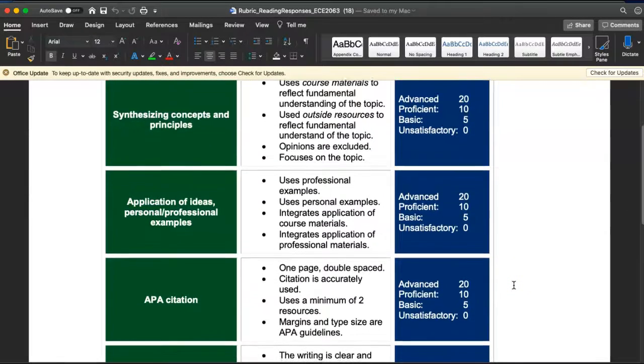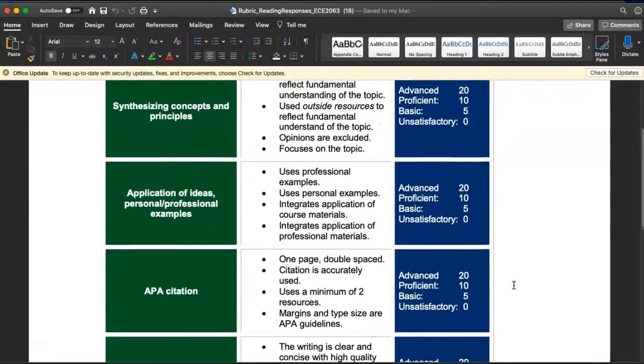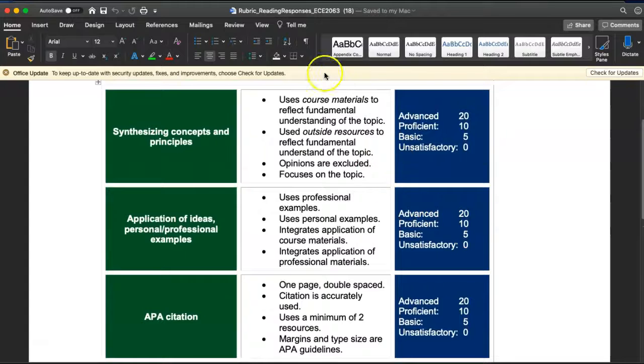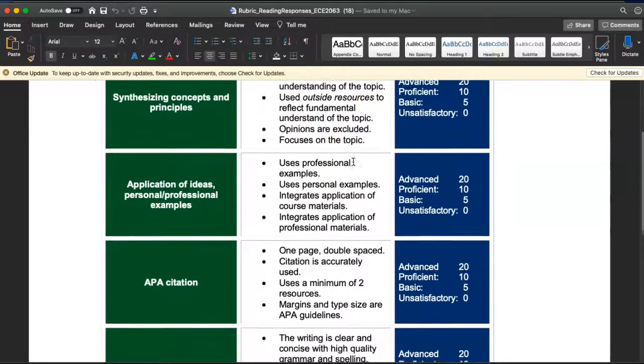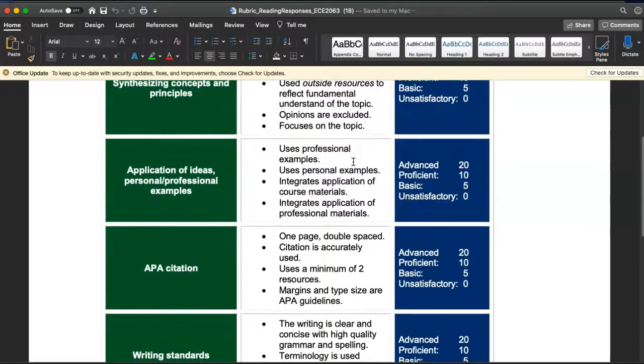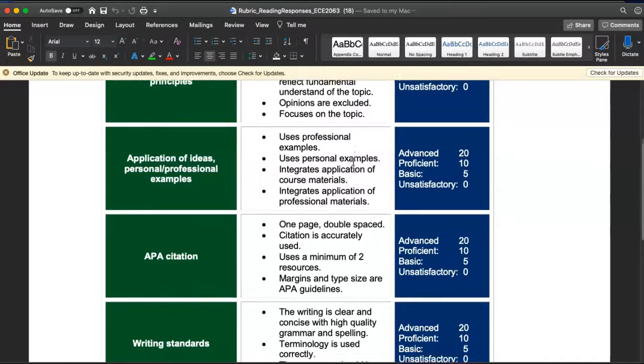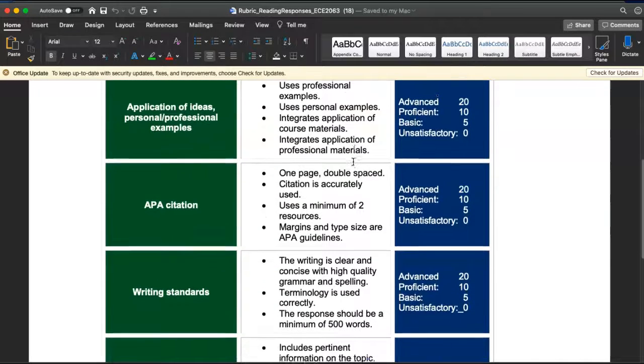Please read this carefully. For this assignment, you need to use course materials and outside resources to reflect your understanding. Make sure that you're focused on the topic. You need professional and personal examples. Integrate the application of course materials and other professional materials.